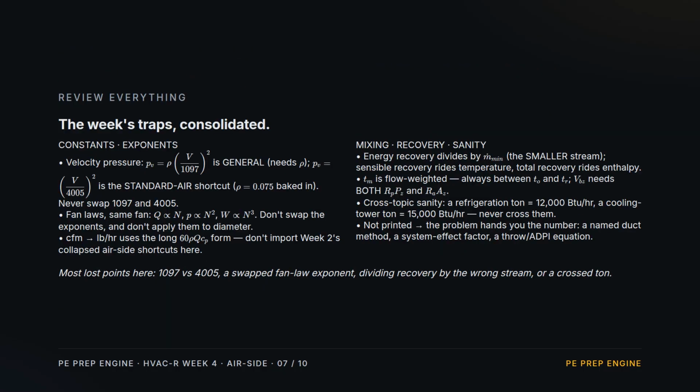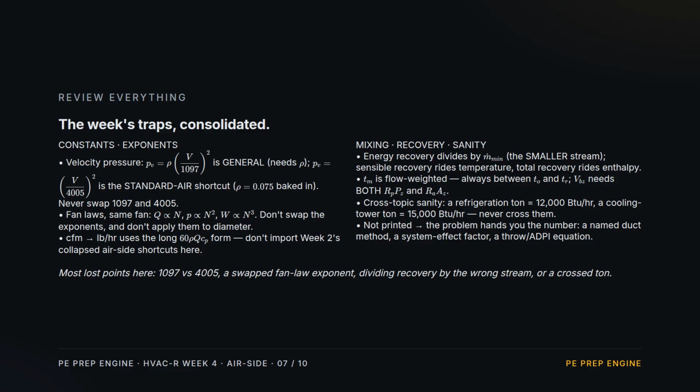The week's traps in one screen. On constants and exponents, velocity pressure has a general form that needs density and a standard air shortcut that already bakes it in. Never swap them. Fan laws, same fan, go flow to the first power, pressure to the second, power to the third, and never to diameter. And convert CFM to pounds per hour with the long 60-row form, not week 2's collapsed factors.